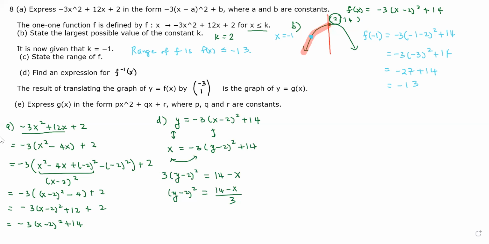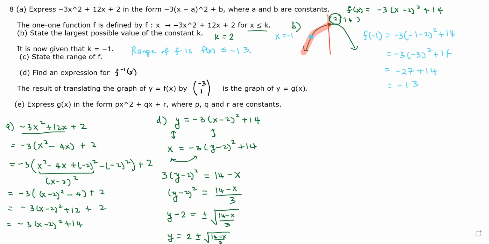To isolate y, we need to take the square root on both sides. So y minus 2 is plus or minus the square root of 14 minus x over 3, and y is 2 plus or minus the square root of 14 minus x over 3.